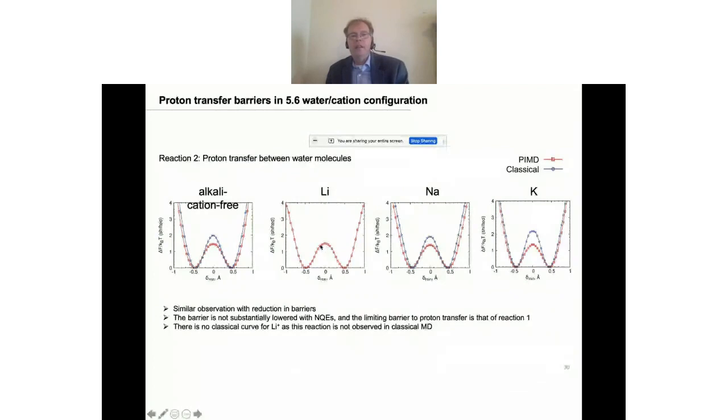With PIMD, we actually can sample it because of the better tunneling capability. You also see the same picture for sodium and potassium. Since they have a weaker coordinated water shell, we can sample the proton transfer even in classical molecular dynamics. But we see that with PIMD the proton transfer is significantly faster.